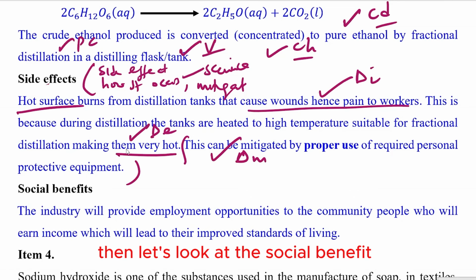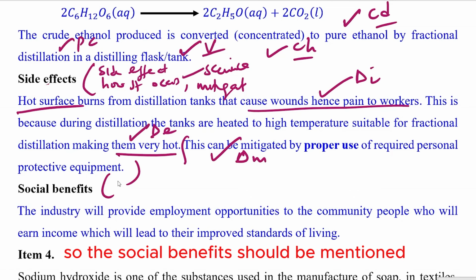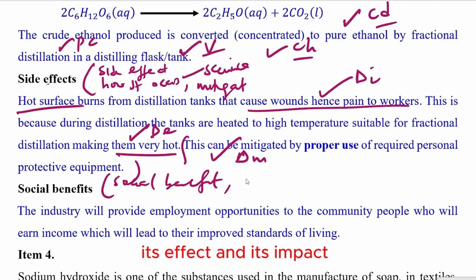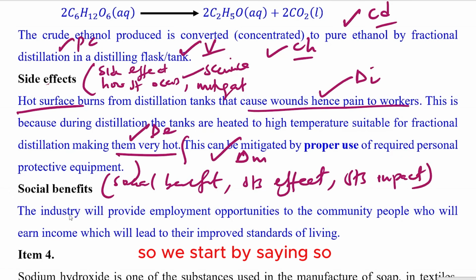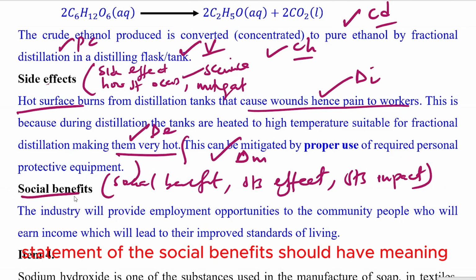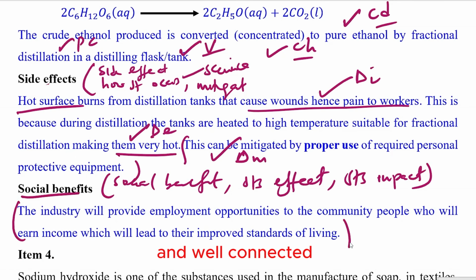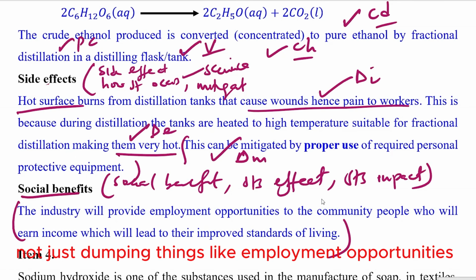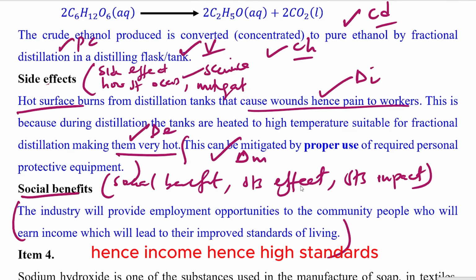Then let's look at the social benefit. The social benefit should be mentioned, its effect and its impact. The whole statement of the social benefits should have meaning and be well connected, not just dumping things like employment opportunities, hence income, hence high standards.